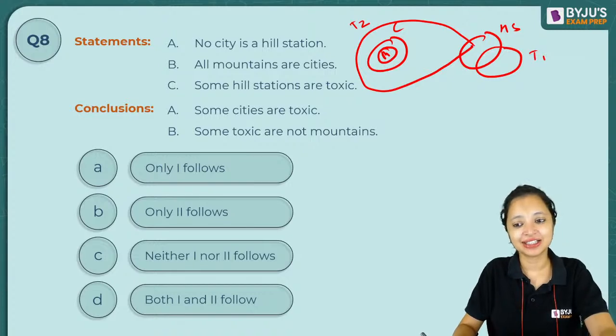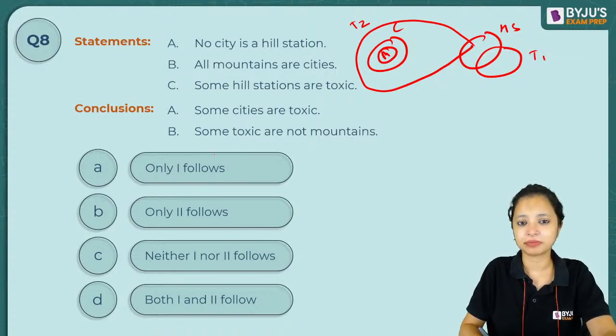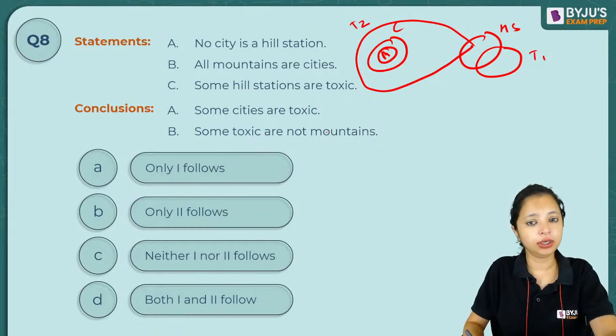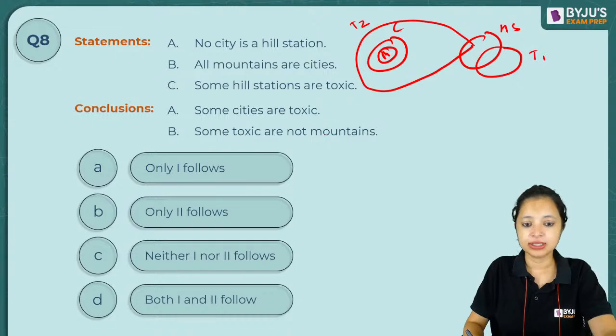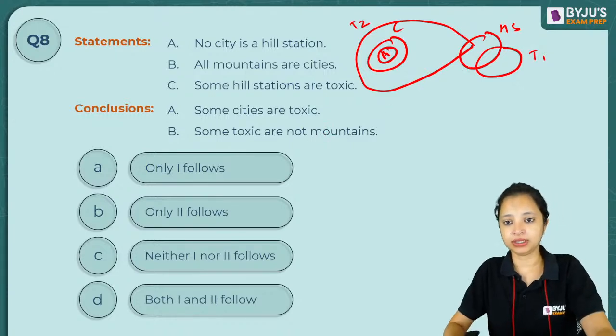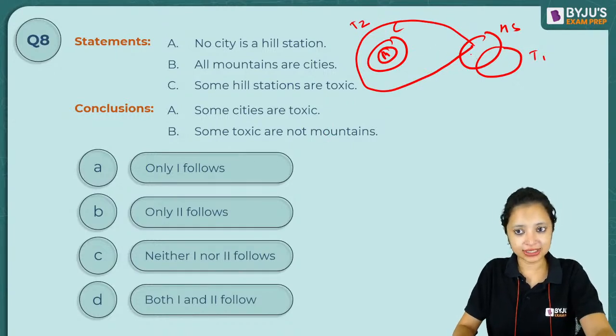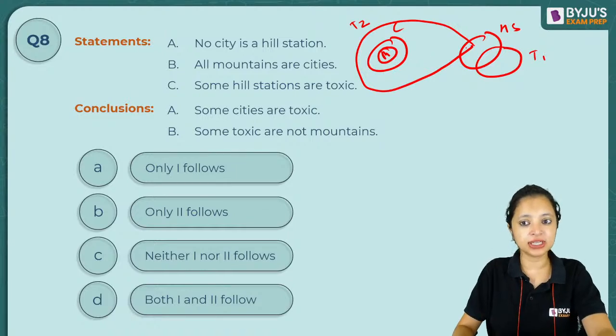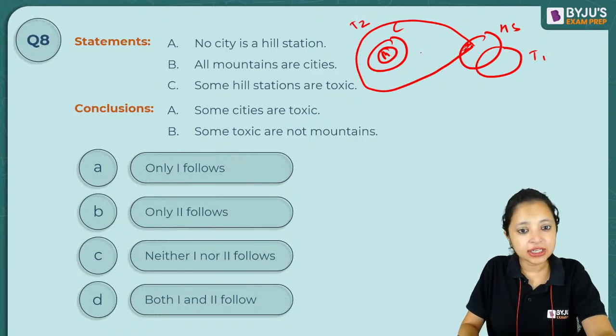Let's look at the conclusions. All of you marked B. Some toxic are not mountains. Which part of toxic is not mountain? That part of toxic which is occupied by hill station. So when we say some hill stations are toxic, this hill station has to be away from mountains.